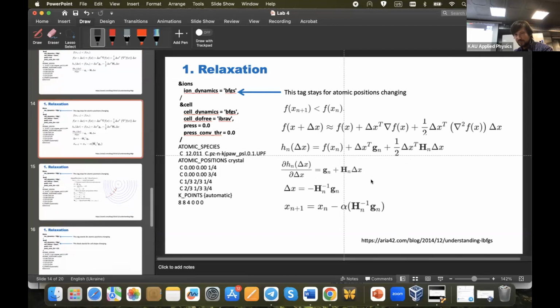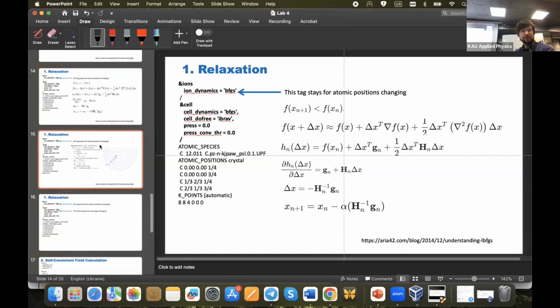In this mathematical way, we get some x(n+1). So how we should change our x coordinate to fulfill the condition that the function value should be lower than the previous value, and we do it in this way, where n is some Hermitian matrix.